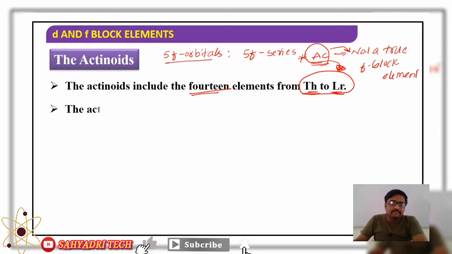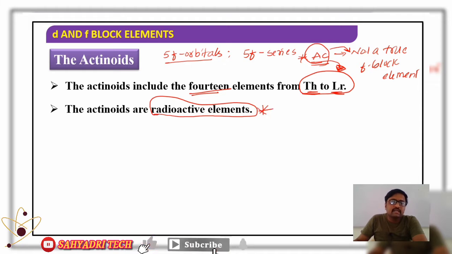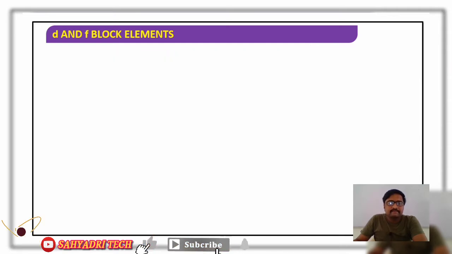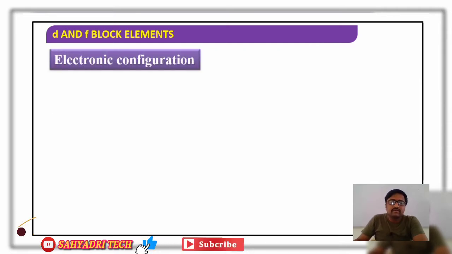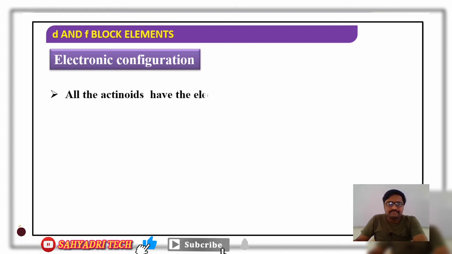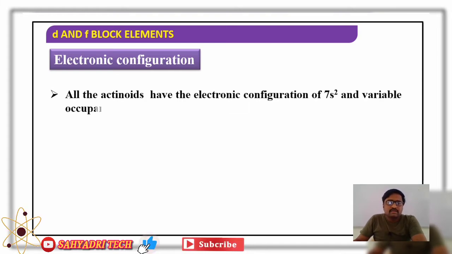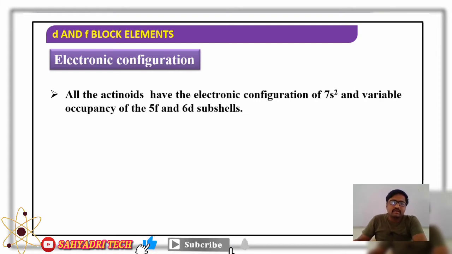These actinides are generally radioactive elements. So remember, actinides are generally radioactive elements. Now if you consider their electronic configuration as well as oxidation states, first we consider the electronic configuration.